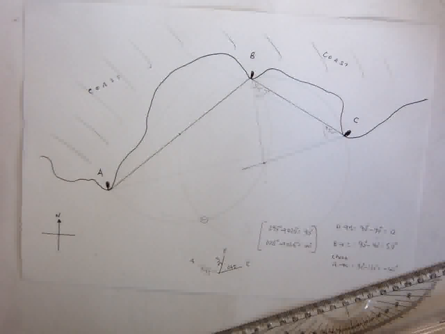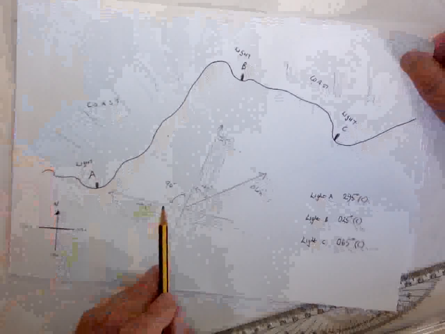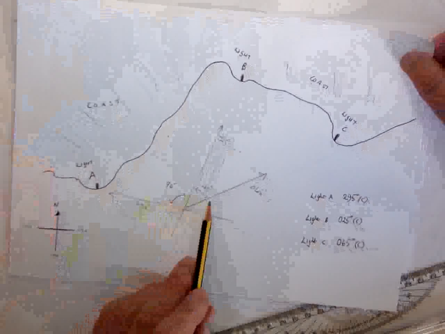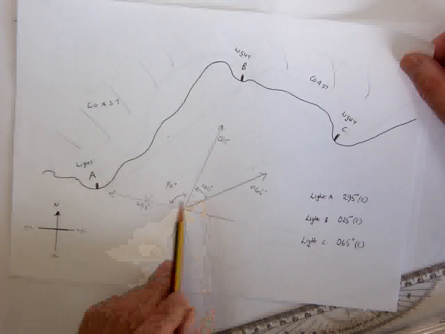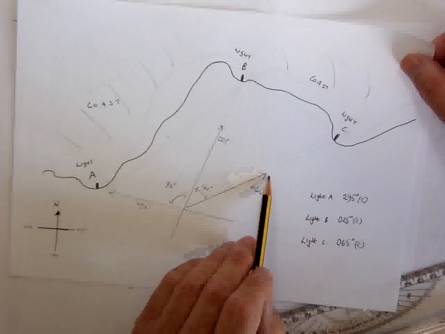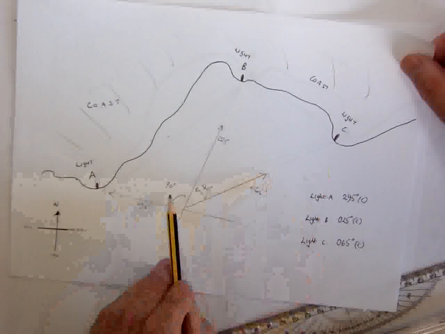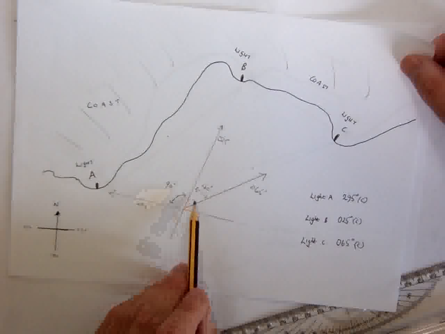There's also a third angle which is a true value. And that, of course, is the angle between 295 and 065. In other words, the angle between light A and light C. And between light A and light C is 90 plus 40, which is actually 130 degrees.